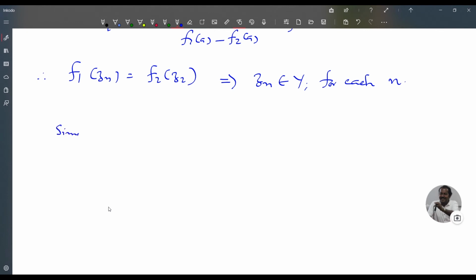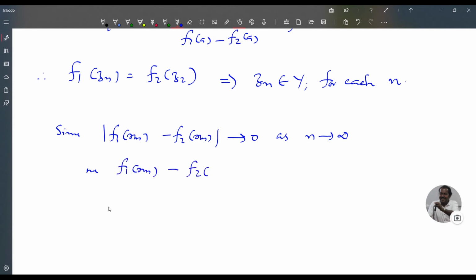Now since modulus of f1 of xn minus f2 of xn tends to 0 as n tends to infinity, we have f1 of xn minus f2 of xn tends to 0 as n tends to infinity.